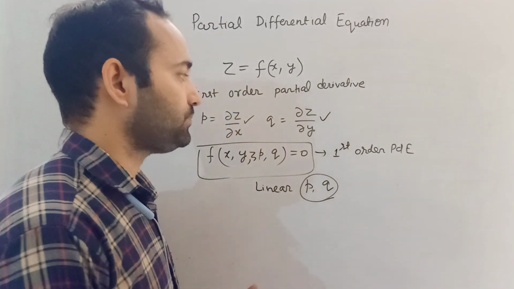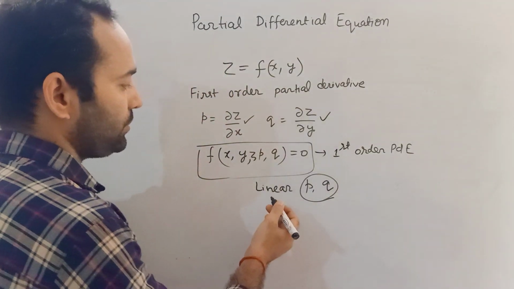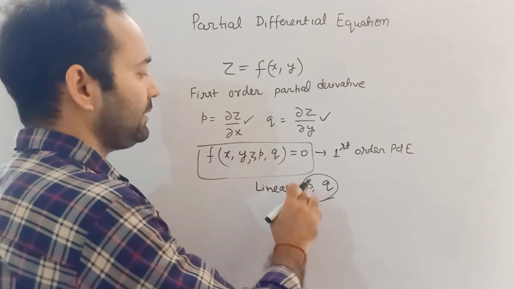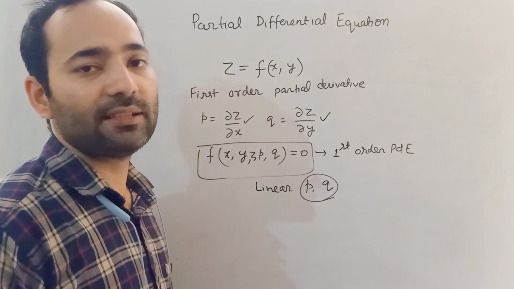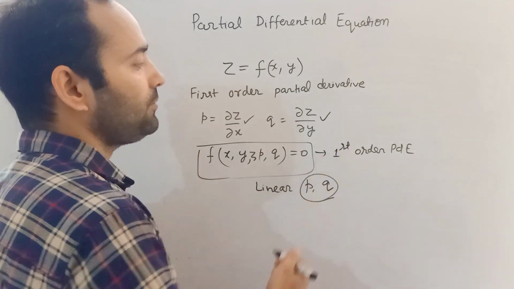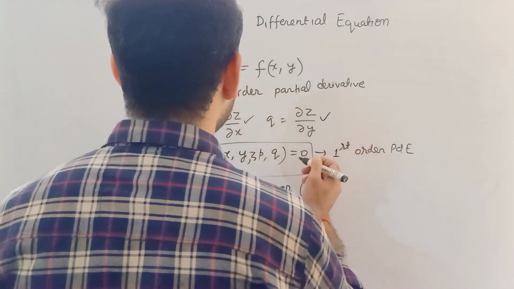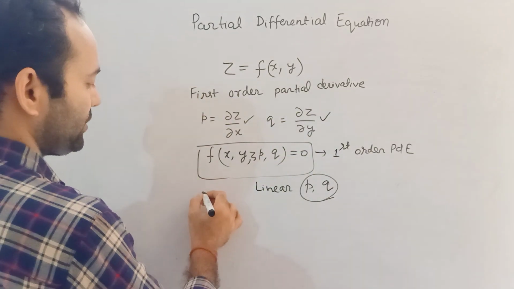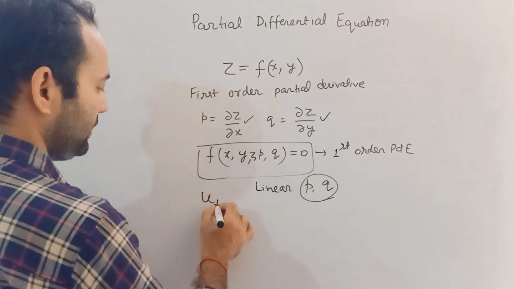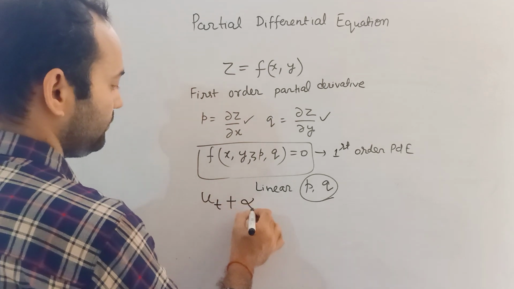Now, for example, if the equation is linear in p and q, we will say that it is a linear PDE of first order. Let me give you an example. I hope you can see: u_t plus alpha u_x equals 0.